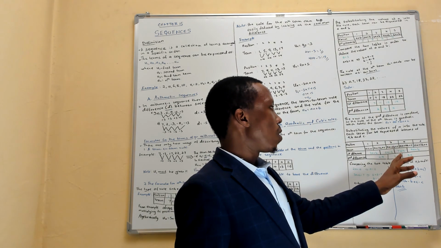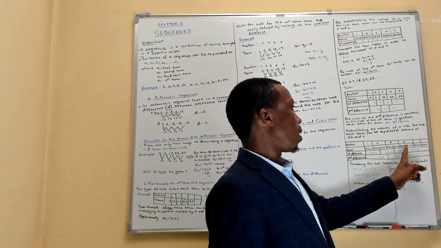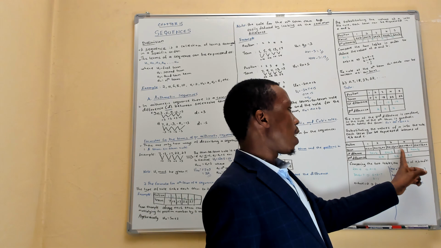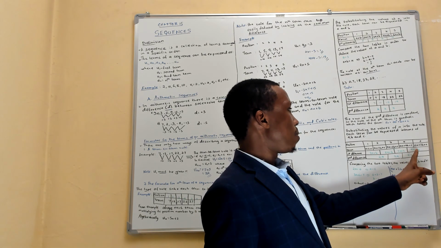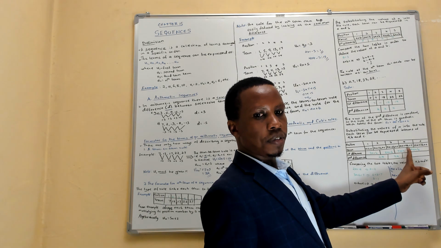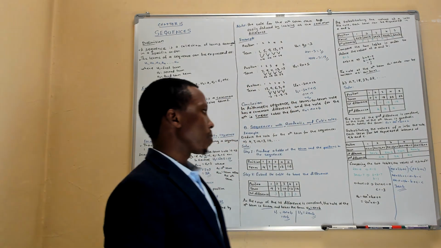You should also be able to realize that the difference between the fourth and the third is 7a plus b, and then the difference between the fifth and the fourth is 9a plus b.